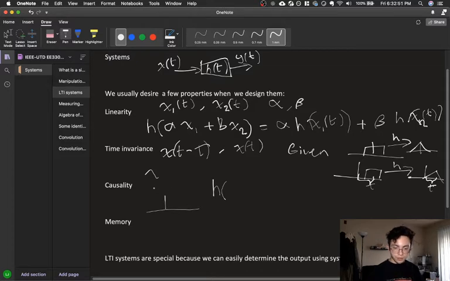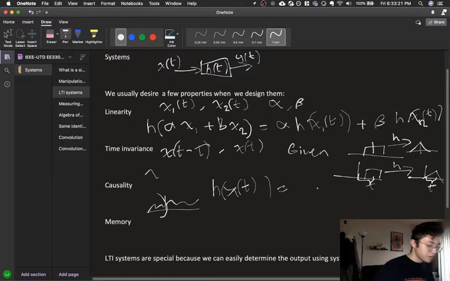So if we have some x of t, the output is not going to depend on anything later than the current time. H of x of t is only going to be dependent on what's to the left.